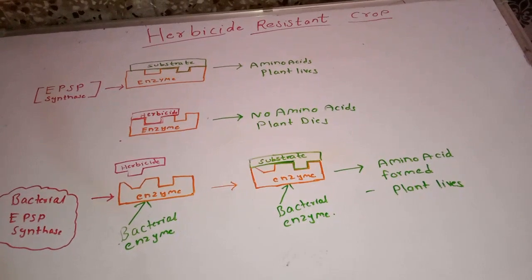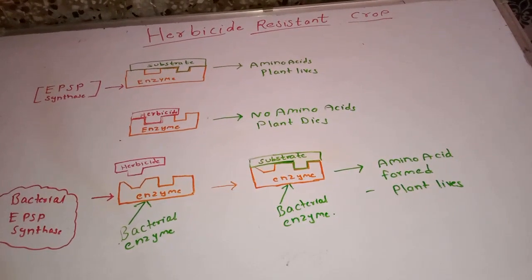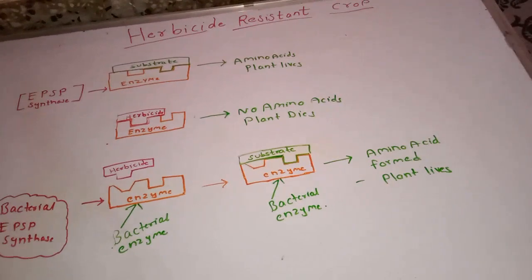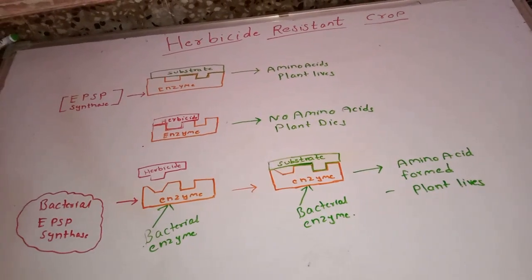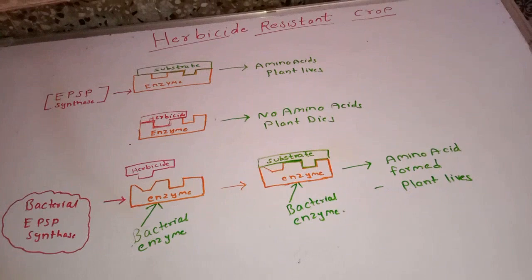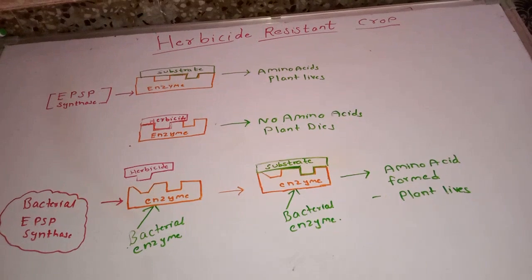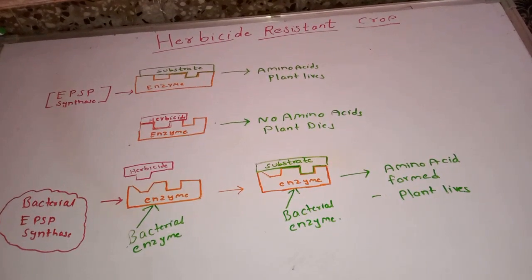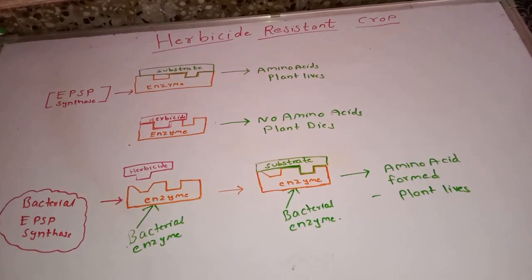Glyphosate acts as a competitive inhibitor for the enzyme EPSP synthase. EPSP synthase is an important enzyme which helps in the formation of essential amino acids. It is a part of the shikimic acid pathway. So glyphosate acts as a competitive inhibitor for the enzyme EPSP synthase and blocks the substrate.